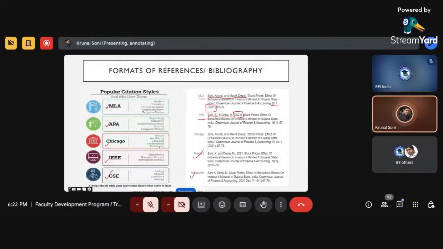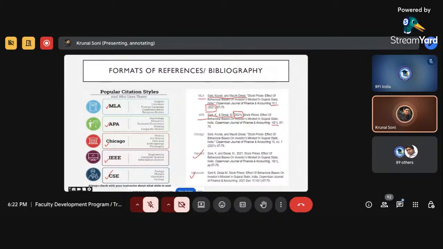In MLA, it has been written with a dot, but in APA, it has been written in brackets. So after volume, the issue number will be written after putting a dot in MLA, but in APA, a dot is not used; the issue number is immediately kept in brackets, and immediately after that in APA is the page number 67 to 79, right?